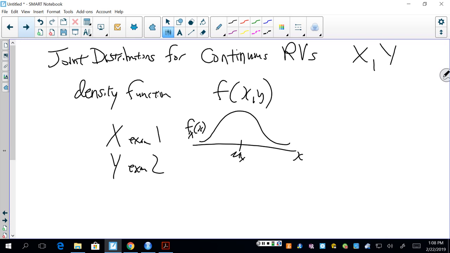And it might describe the scores on exam 1. Now there's an exam 2. It also has a distribution. It's a variable y, it might be close, maybe a little bit different. There, it has a density.